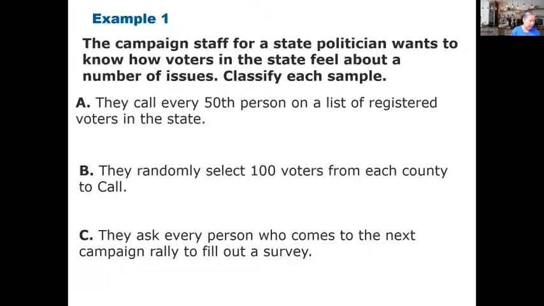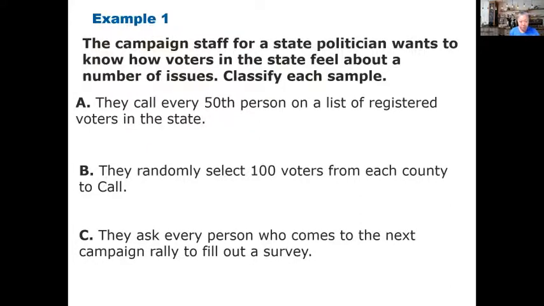B: they randomly select 100 voters from each county to call. And C: in order to make the sample, they ask every person who comes to the next campaign rally to fill out a survey.